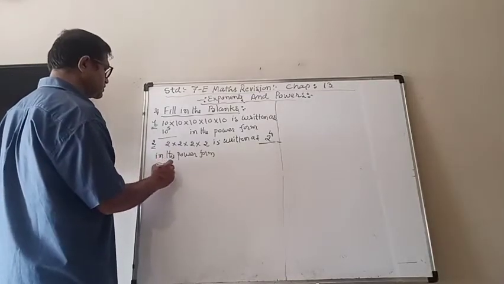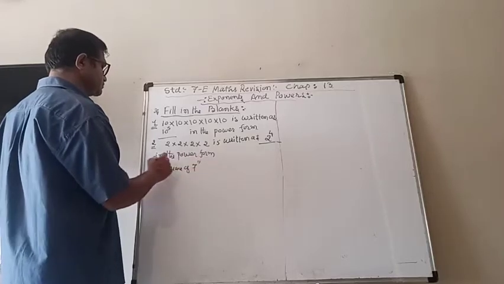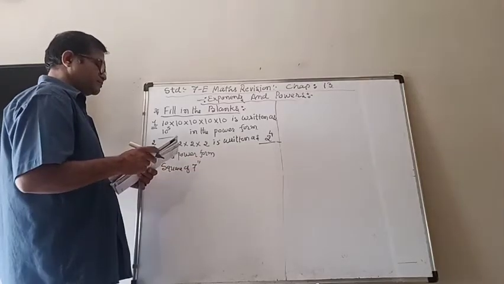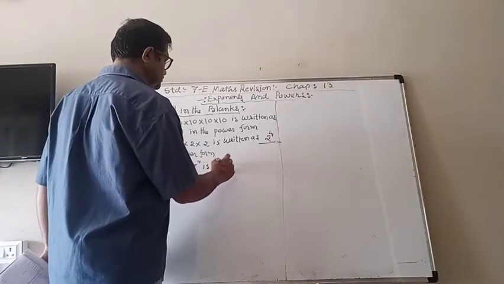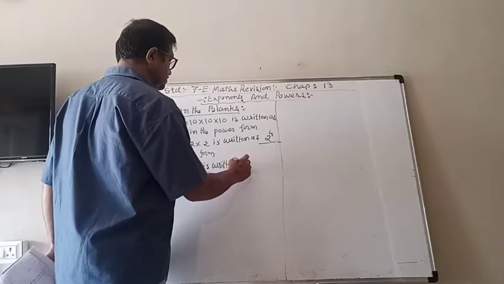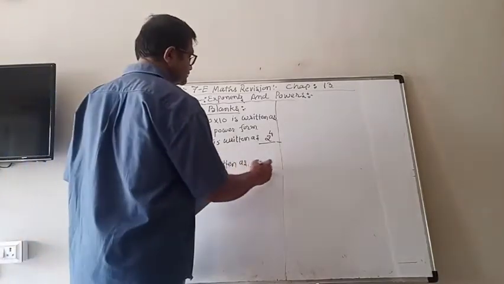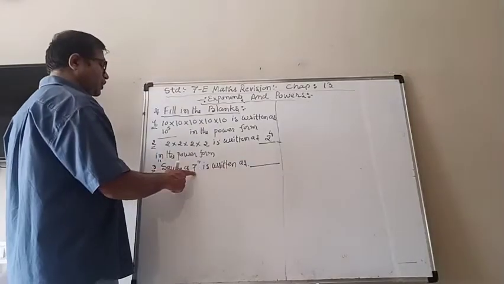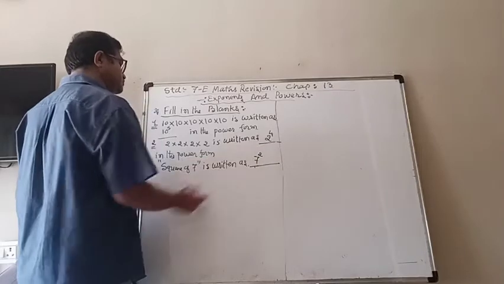Number 3. Square of 7 is written as blank. So now square of 7 means 7 raised to power 2.